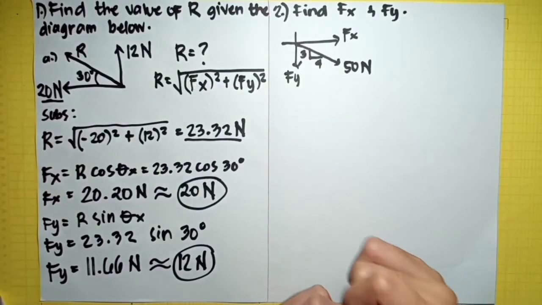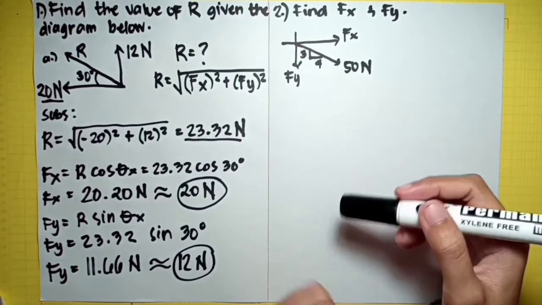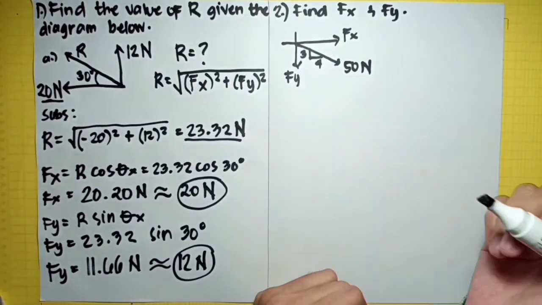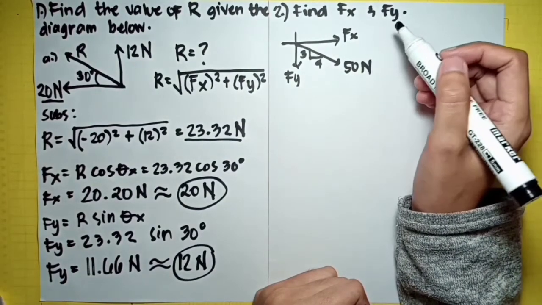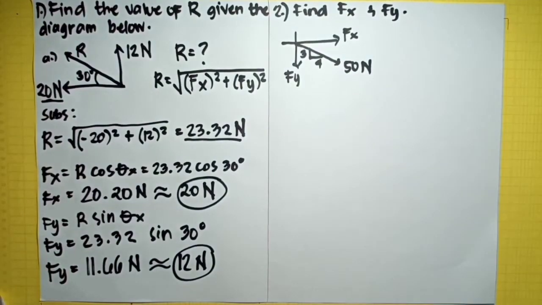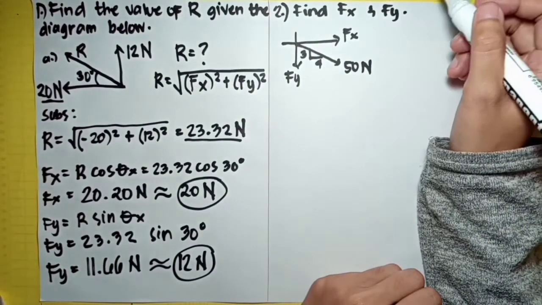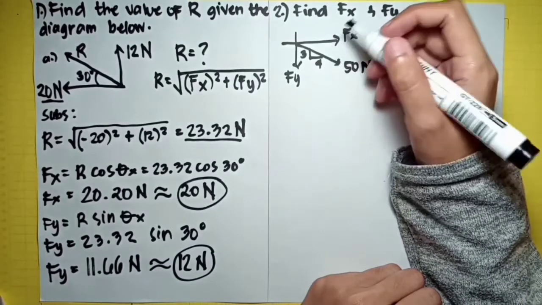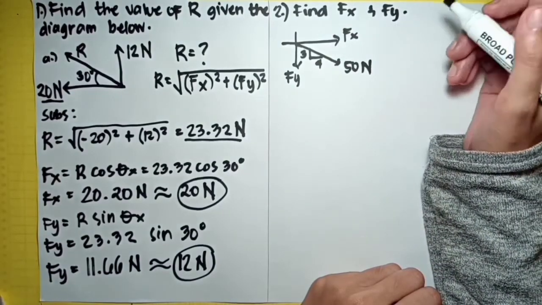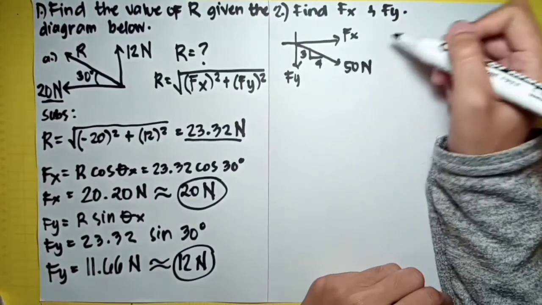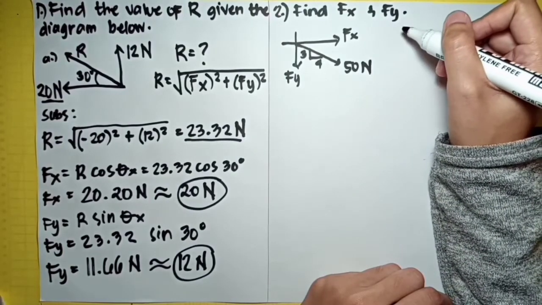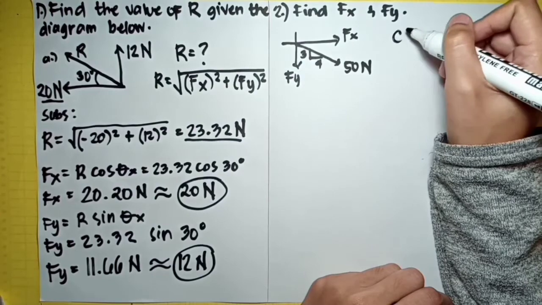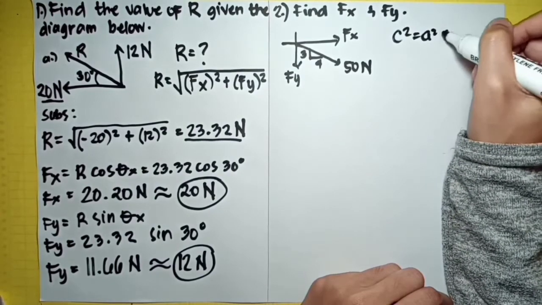Another problem is kapag given ang slope ng resultant. So, sa number 2, find the value of F sub x and F sub y. So, katulad ng sinabi ko kanina, before nyo isosolve ang ganitong klase ng problem, ay hahanapin nyo muna ang hypotenuse ng slope ng resultant. So, for this problem, gagamit tayo ng Pythagorean theorem na c squared is equals to a squared plus b squared.